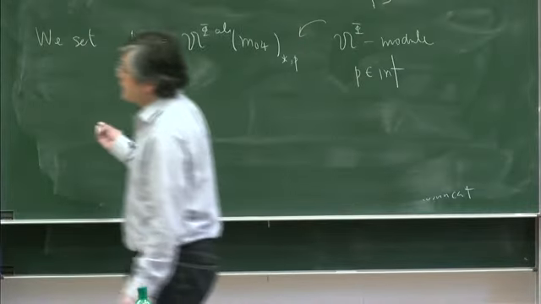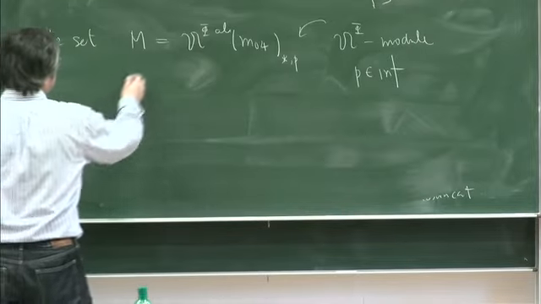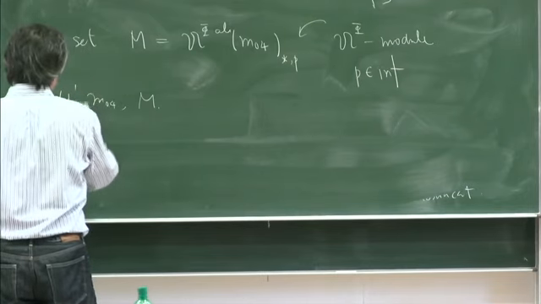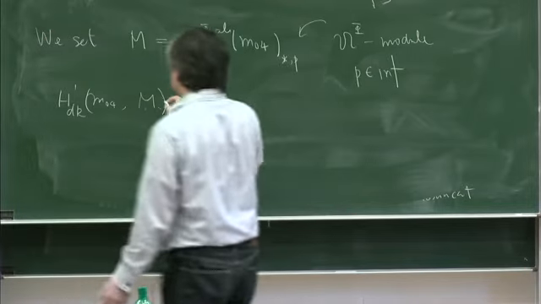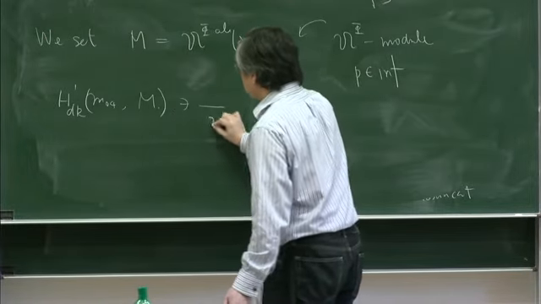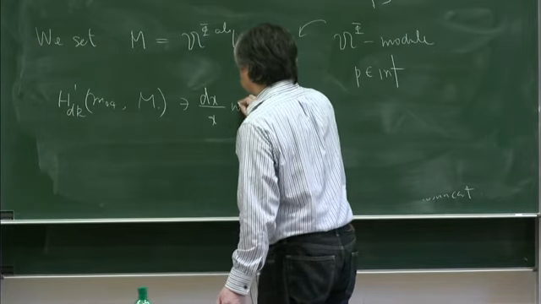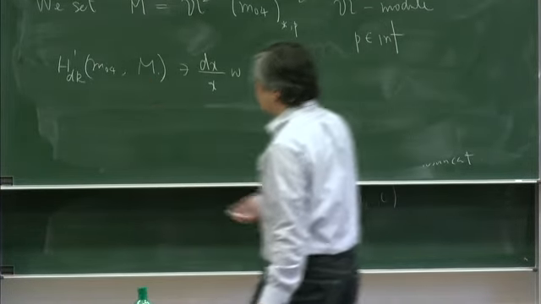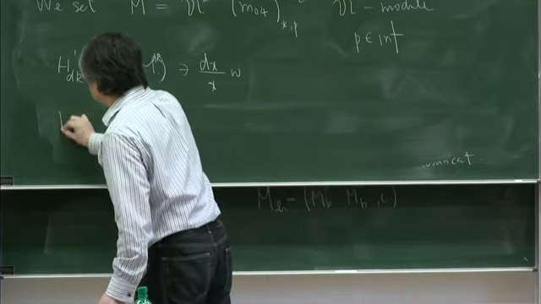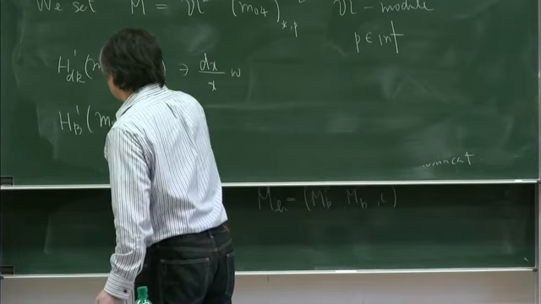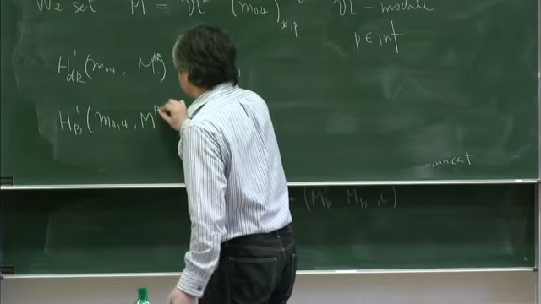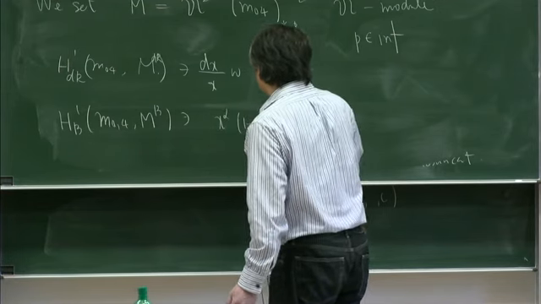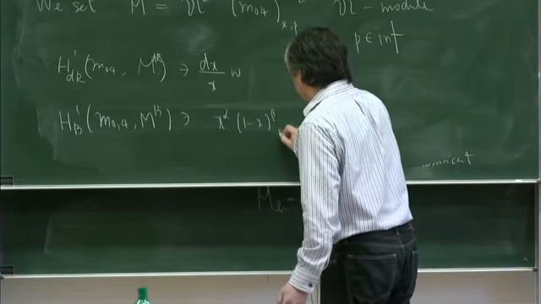And if we consider cohomology of M04 with H1 de Rham, then we have this element x dx omega, an element in de Rham cohomology of M04 with coefficient in M de Rham, and in H Betti 1 we have x to the alpha, 1 minus x to the beta, lying on 0, 1.